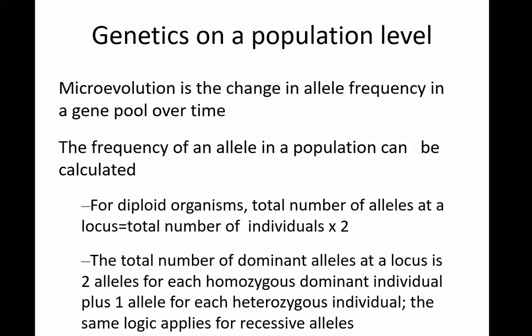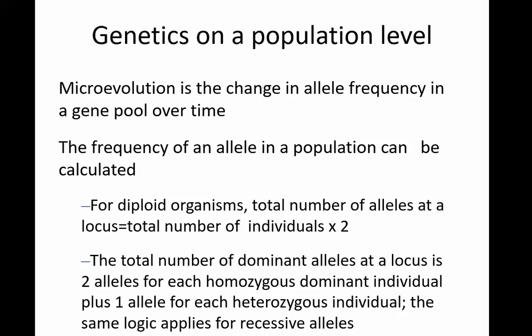So if you wanted to calculate the frequency of an allele for a diploid organism, the total number of alleles for a specific version of a gene would be the total number of individuals in the population times 2. So if there's 100 individuals, there would be 200 alleles for a given gene in that population because the diploid organisms are carrying 2.